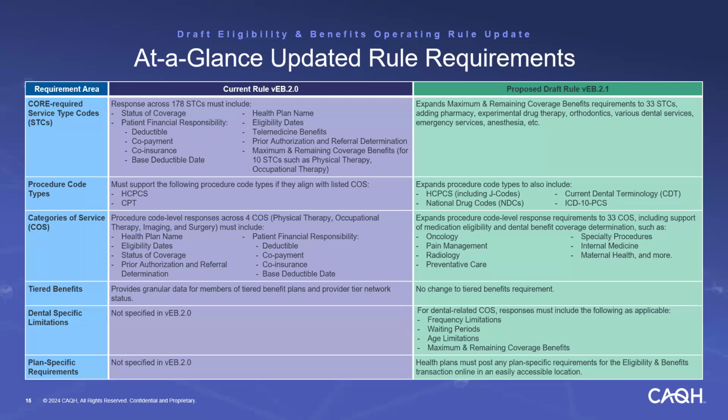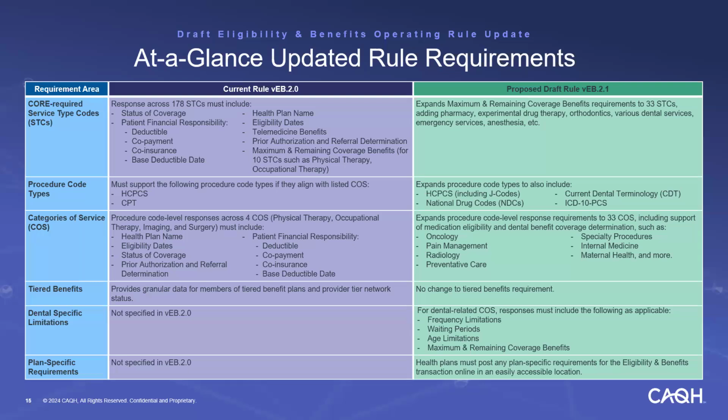The last bullet in purple on the top regarding maximum and remaining coverage benefits is the only component that we changed regarding STCs in version 2.1. Right now, health plans only have to respond to an inquiry with maximum remaining benefit information if it is one of 10 service type codes, not 178, one of 10 service type codes.